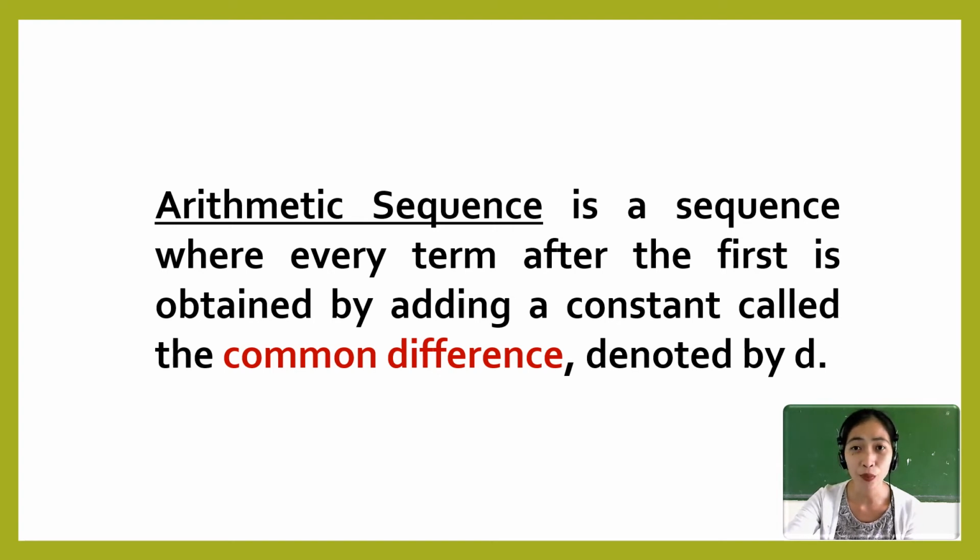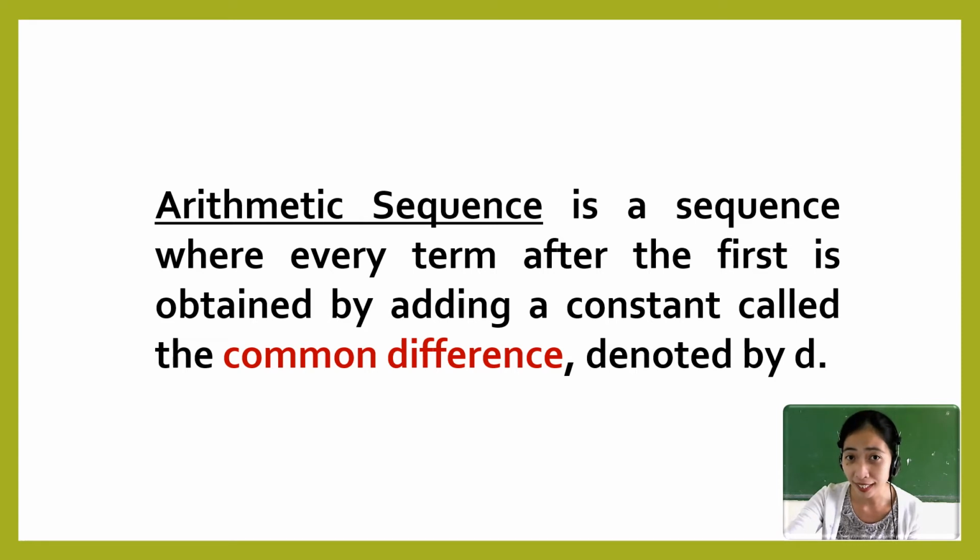Now, this is all about arithmetic sequence. With those examples, we should better understand the meaning of arithmetic sequence: a sequence where every term after the first is obtained by adding a constant called the common difference, denoted by d. So the constant is now called the common difference.